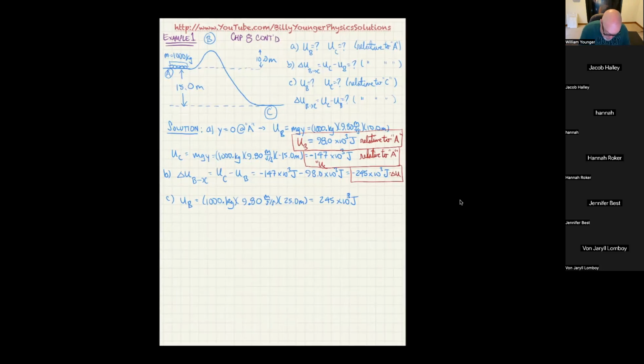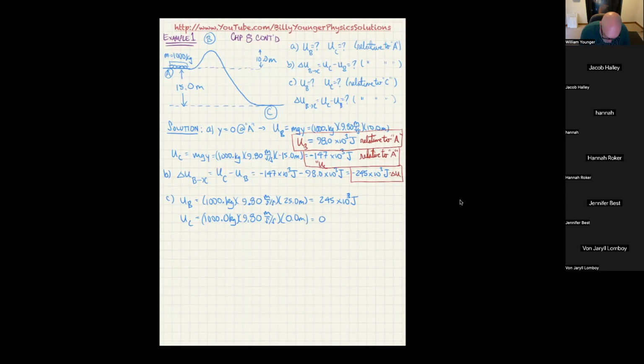Okay. Now I'm going to take UC, which is 1,000 kilograms times 9.80 meters per second squared. And then this time the height of C relative to C is 0.0 meters. So this gives me 0.